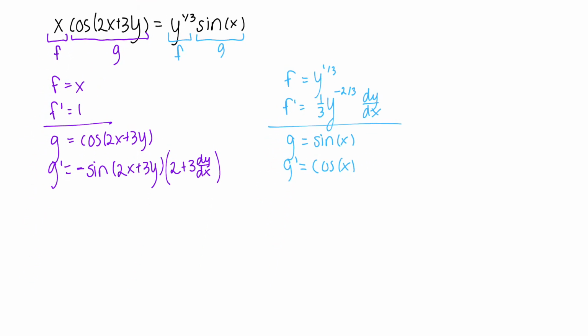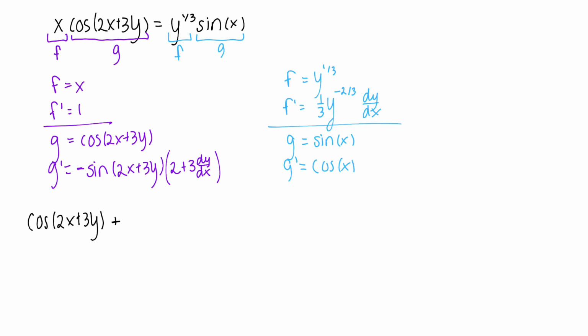So putting this all together, derivative of the left side, f prime g, so that'll just be cosine 2x plus 3y, because 1 times g, plus g prime f. So I'm going to do minus because sine, it's minus there. Well, no, it's fine.